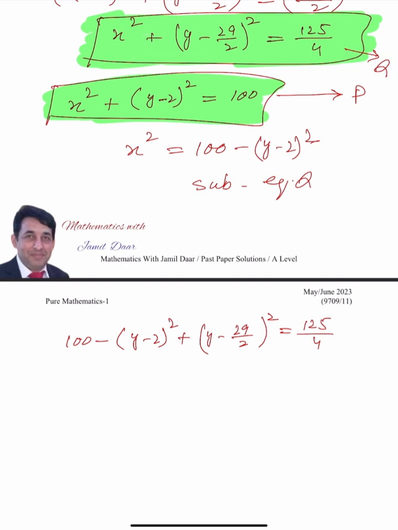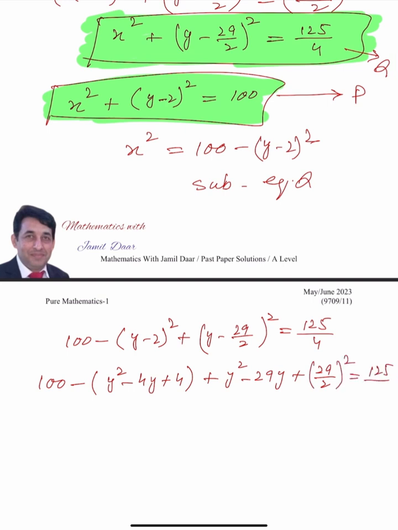So open it: 100 minus y square plus 4y minus 4, plus y square minus 29y plus (29 over 2) whole square.